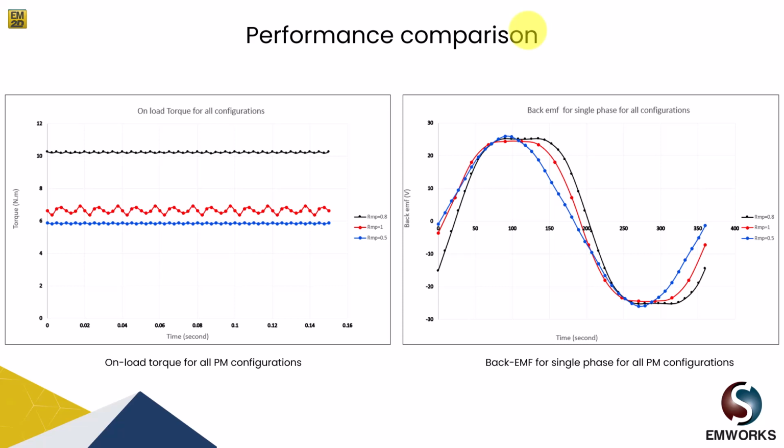From on-load analysis, we observed that the Halbach arrangement of permanent magnets helps to reduce the torque pulsation, which was one of the greatest advantages of using this array arrangement. The red represents the conventional surface mounted permanent magnet, where the ratio is equivalent to unity.